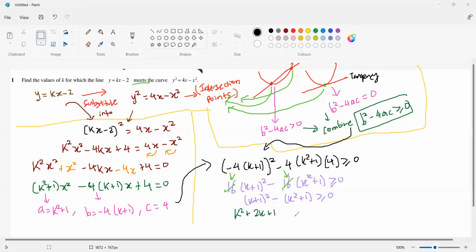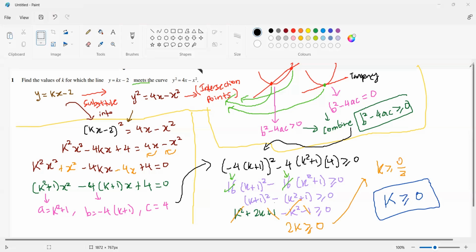This one just multiply out, minus k squared minus 1, bigger than or equal to 0. From which we can deduce that k squared minus k squared is gone, and then plus 1 minus 1 is gone. So we're only left with 2k bigger than or equal to 0. Dividing by a positive constant, the sign doesn't change. The answer will be k is bigger than or equal to 0. Thank you.